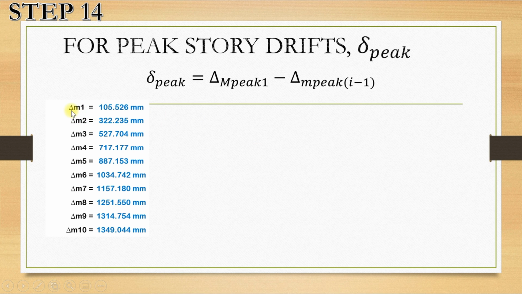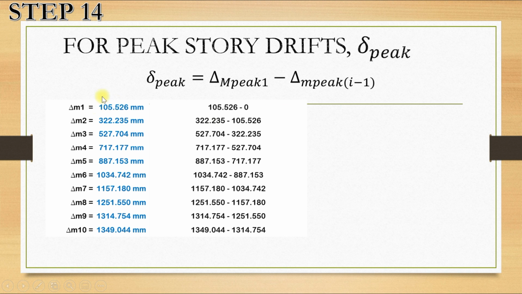Meron na tayong calculated value for delta M1 hanggang delta M10, ng mga calculated values natin kanina. So para makuha natin ito, magmi-minus tayo ng kasunod na number. So kung ano yung number na nauna, magmi-minus tayo ng 1.